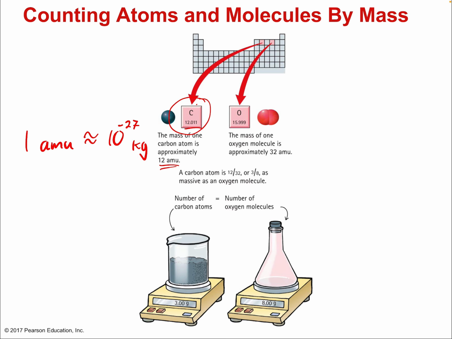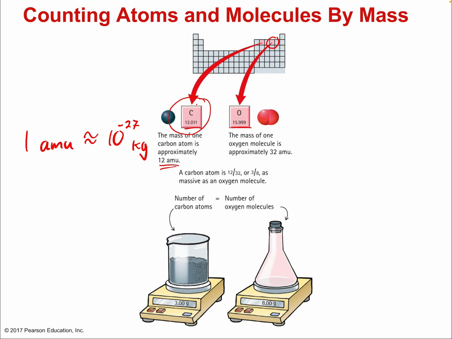On the other hand, oxygen, which is further along the periodic table, therefore it has more protons. Well, it also has more total nucleons, protons plus neutrons. And so if it was a single oxygen atom, it has an atomic mass of 16, rounding up, clearly, right? 15.999 rounds up to 16.